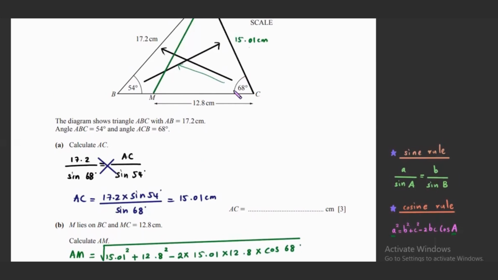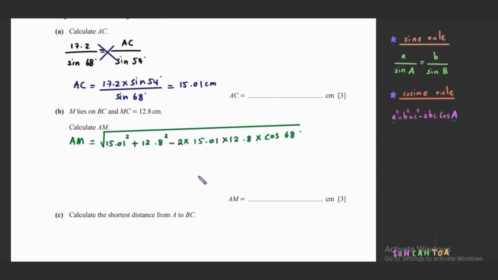Now this angle 68 is given. So I need to start with this AM. So AM is equal to 15.01 squared, and I need to put the other side squared and subtract the rest. I'm now going to put this in the calculator and see what we get. So that will be the value of AM.